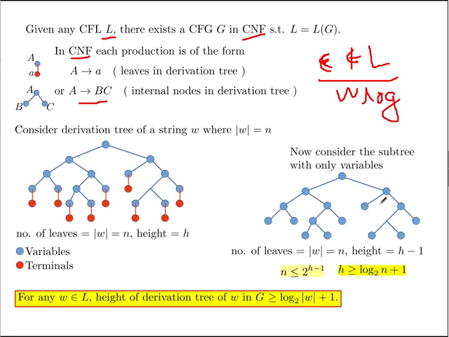So if you have a height h minus 1 for this tree, that means the number of leaves that you can have here is at most 2 to the height of this tree, which is h minus 1, right? So we have this upper bound on the number of leaves here.